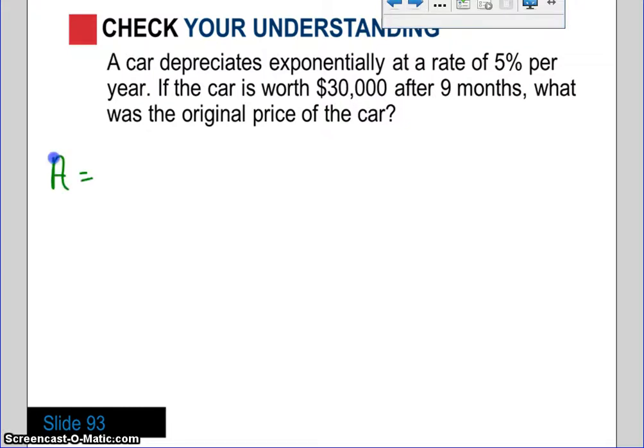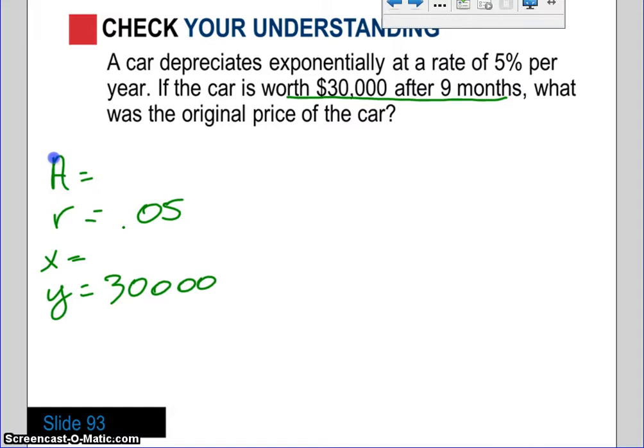Let's write down our variables. It says here that a car depreciates exponentially at a rate of 5%. If the car is worth $30,000 after 9 months, what was the original price of the car? Now, 9 months.